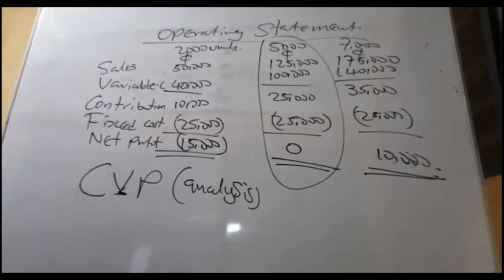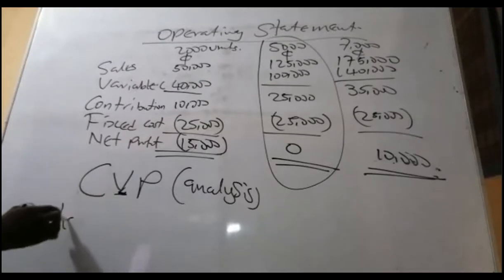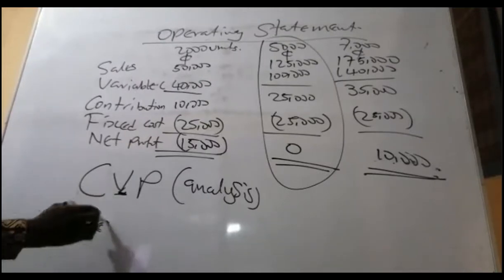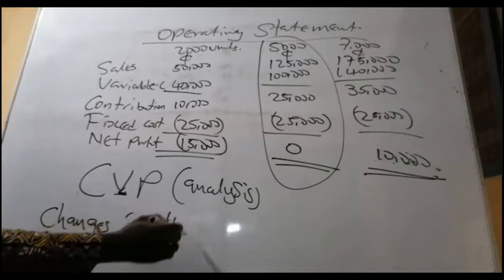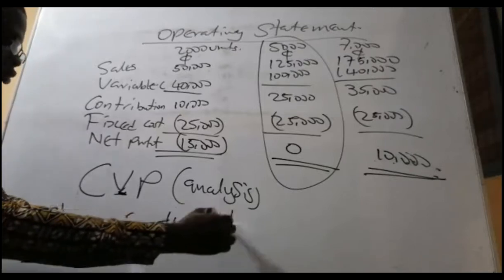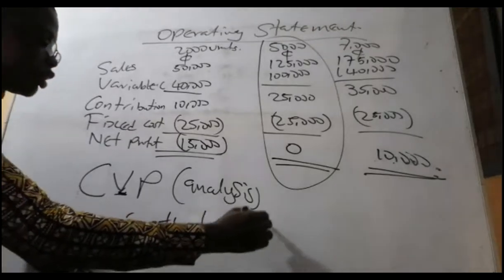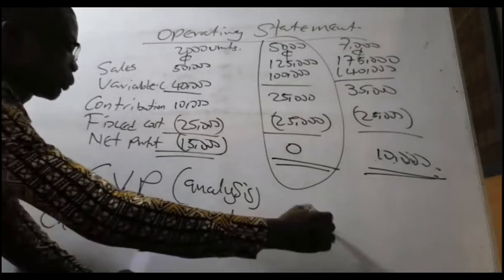When we mention volume, we are referring to the quantity of units that you are selling or producing. Good. So when we say CVP, we are saying that changes in the volume of what? Output.